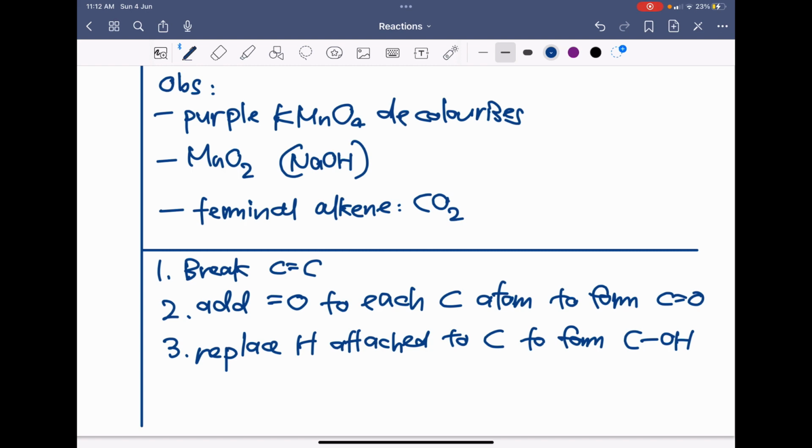Like you add an OH instead. Okay? And then step 4, you check for further reactions. And step 5, you check the medium.